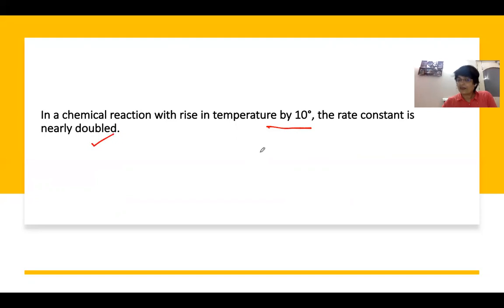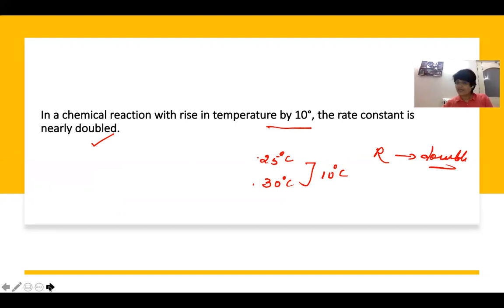It means from 25 degrees Celsius to 35 degrees Celsius, a difference of 10 degrees, the rate is going to become double. You should have this as general knowledge.